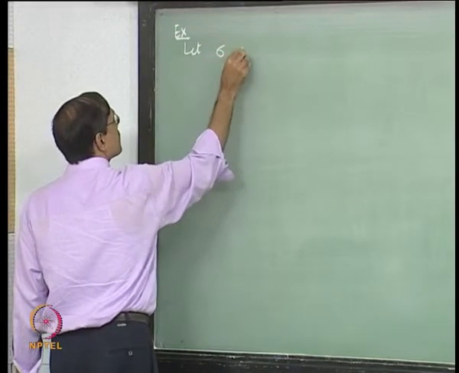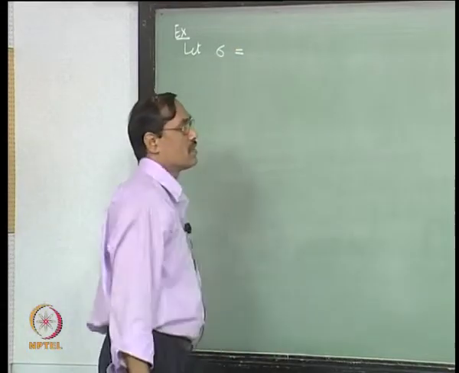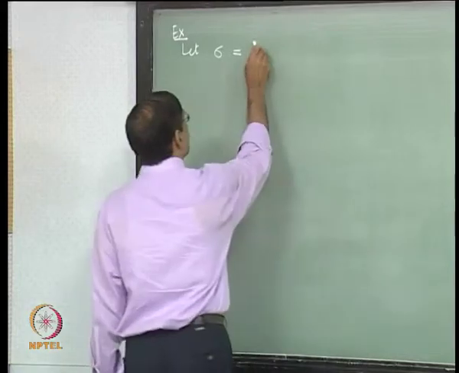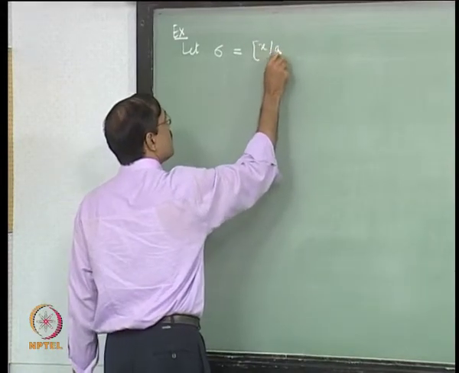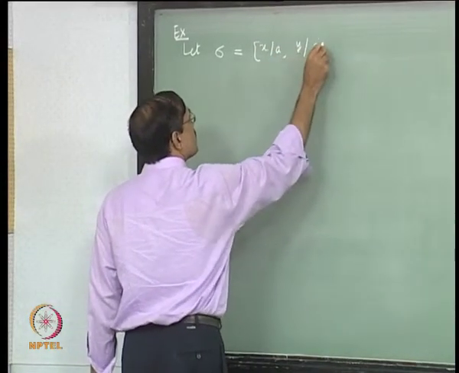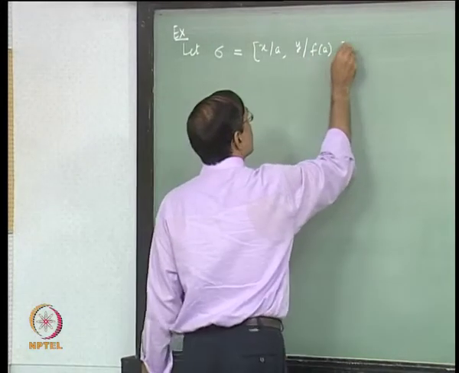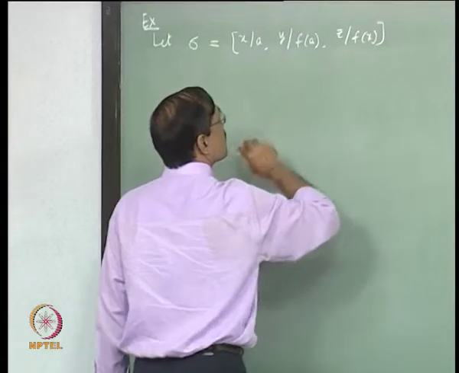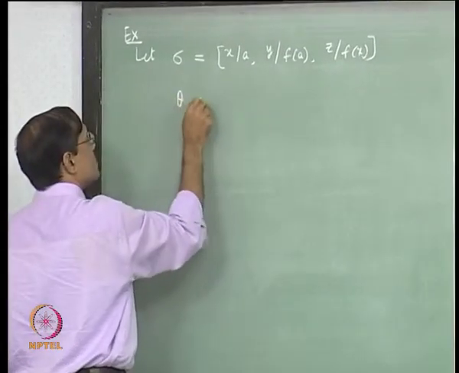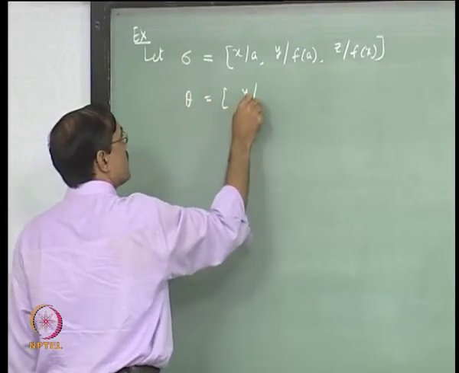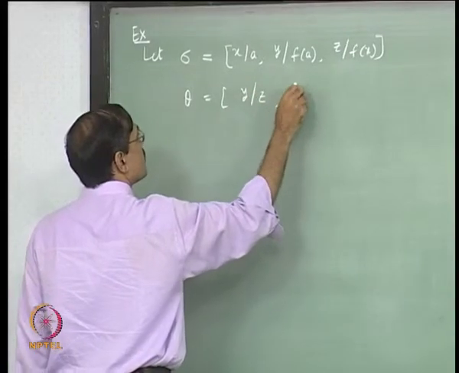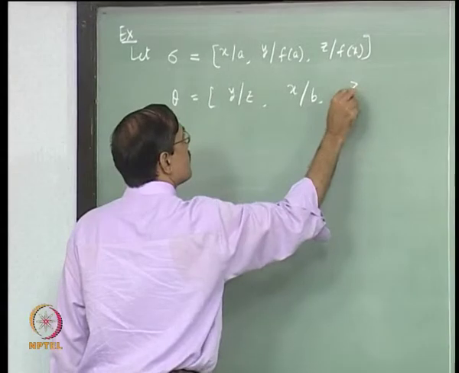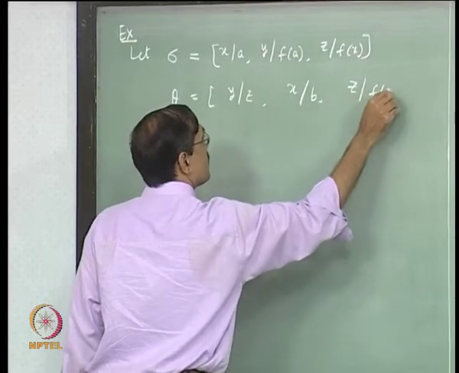So, suppose I take sigma equal to x by a, y by f of a, z by f of x and theta equal to y by z, x by b, z by f of a.